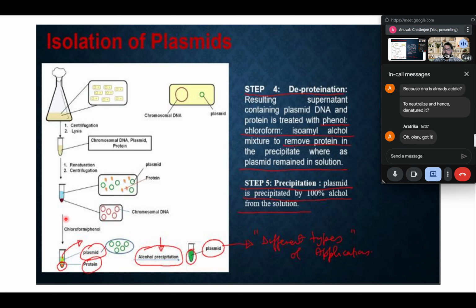So when you put that in and spin the entire thing again in a centrifuge, what happens is that anything with non-polar parts, which are most of the smaller proteins that had come up in the supernatant in the previous step, attach to the phenol and chloroform and form a bottom layer.